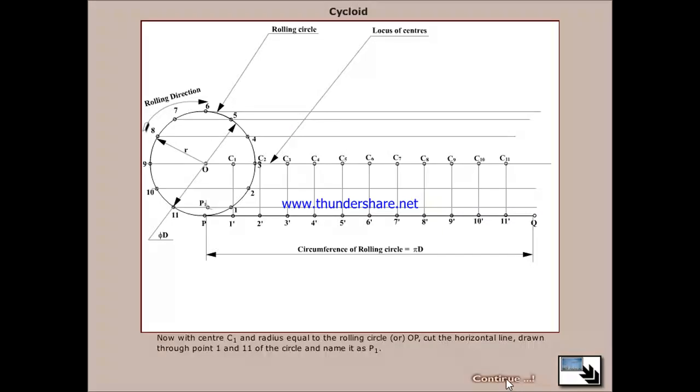Now, with center C1 and radius equal to the rolling circle radius OP, cut the horizontal line drawn through points 1 and 11 of the circle and name it as P1. Similarly, obtain P2, P3, P4 and so on up to P11.